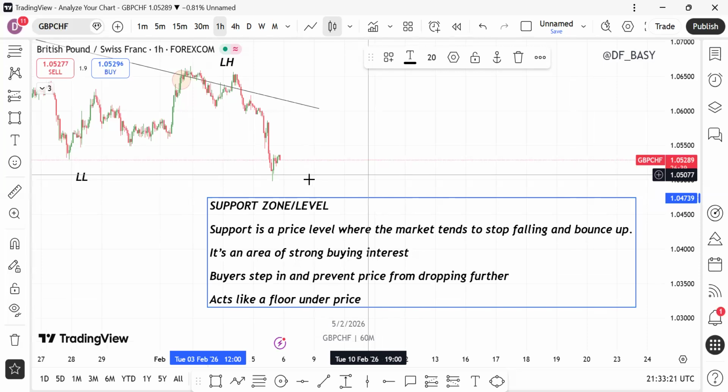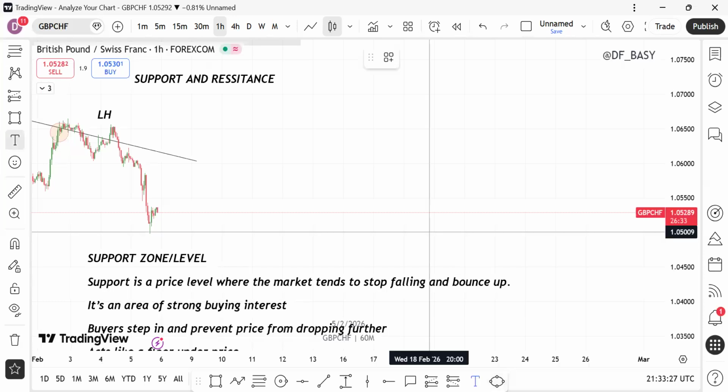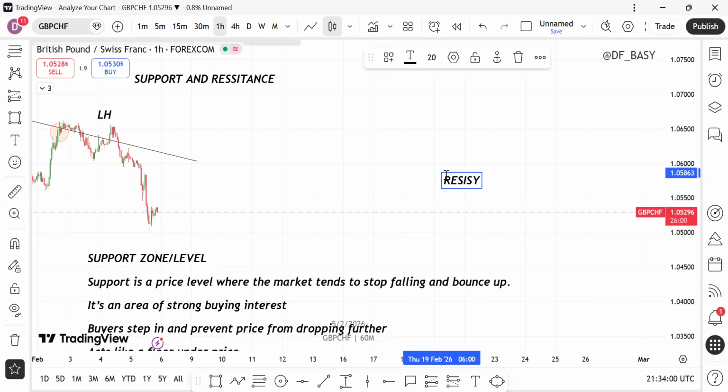Then your resistance zone or level. Since we're in a bearish market structure, I'll start with the resistance first before moving to the support.